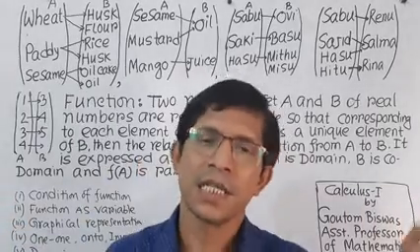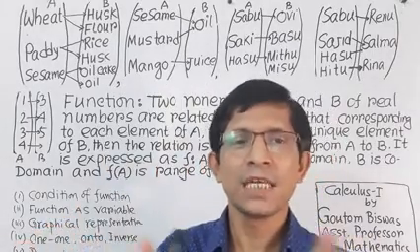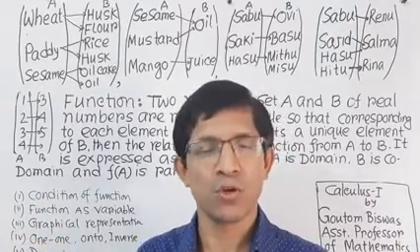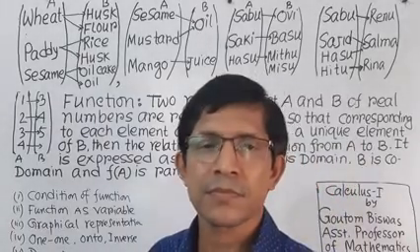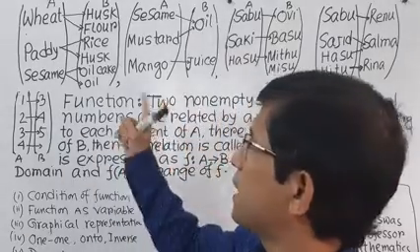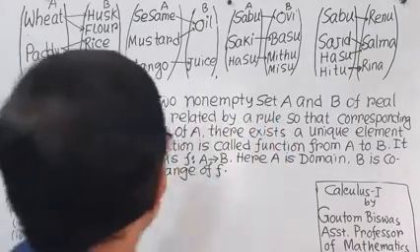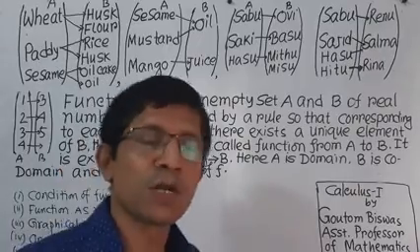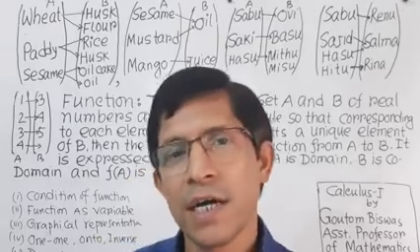This is the relation. So what is the definition of relation? Two non-empty sets of real numbers are related in such a way that corresponding to each element of the first set, you will get one or more elements of the second set. This is the indication of relation.